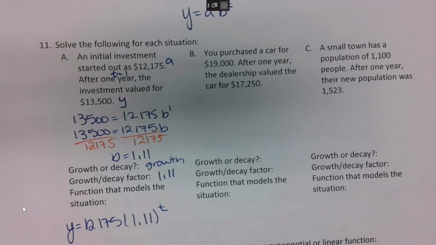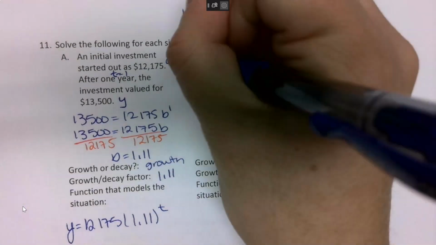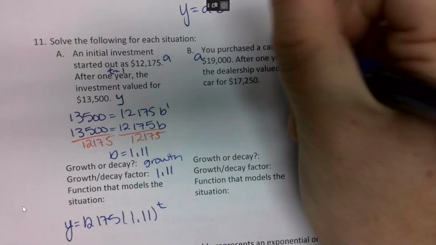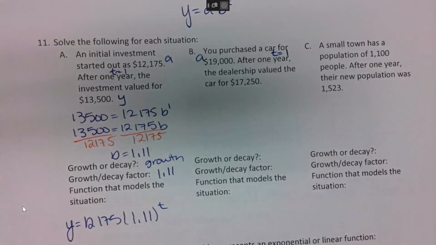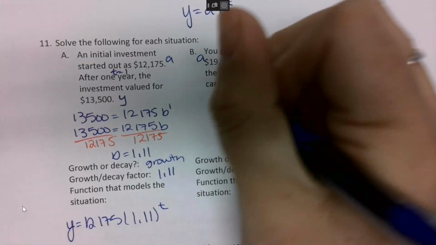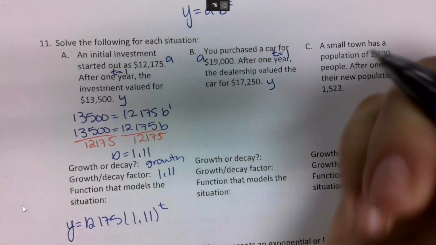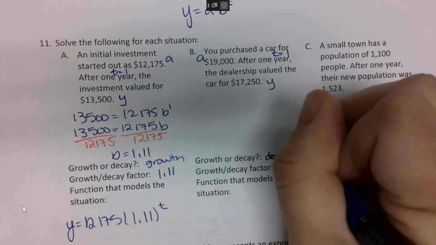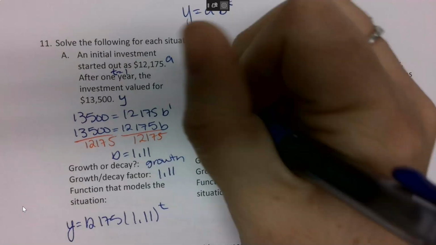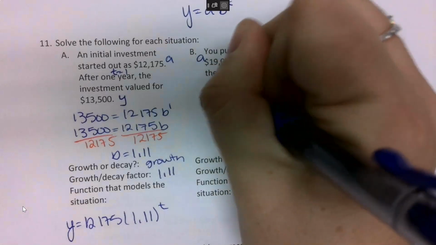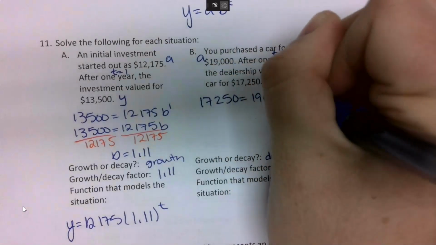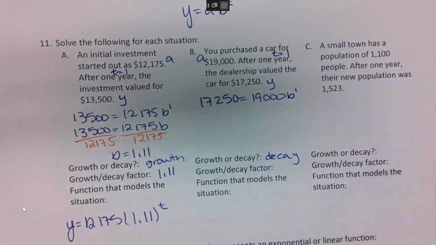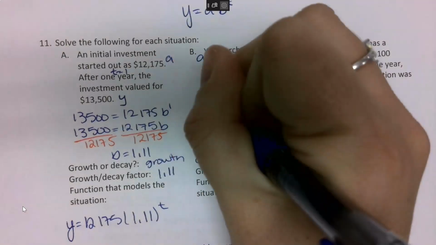So same thing on b. It says I purchased my car for $19,000. That's my a. After 1 year, that's my time, the dealership valued the car for $17,250. This is my y. This one is getting smaller, so it's decay. Then to find my decay factor, I plug in. So I have 17,250 equals 19,000 b to the first power. I can rewrite this without the exponent on the b.